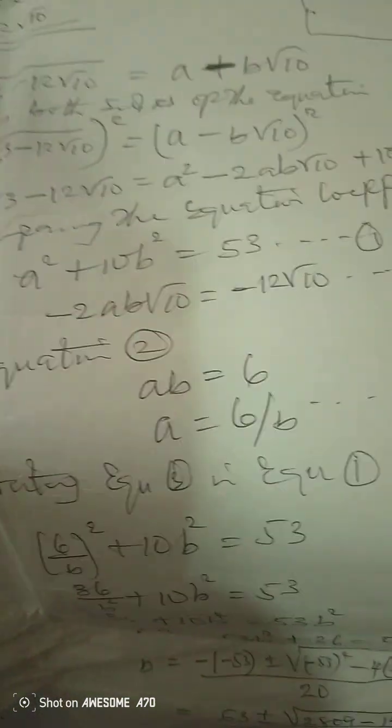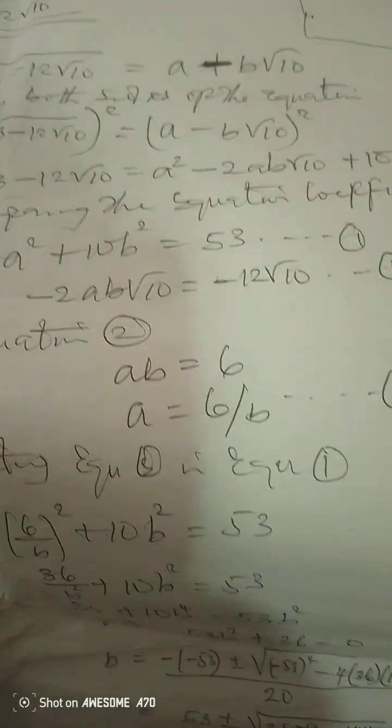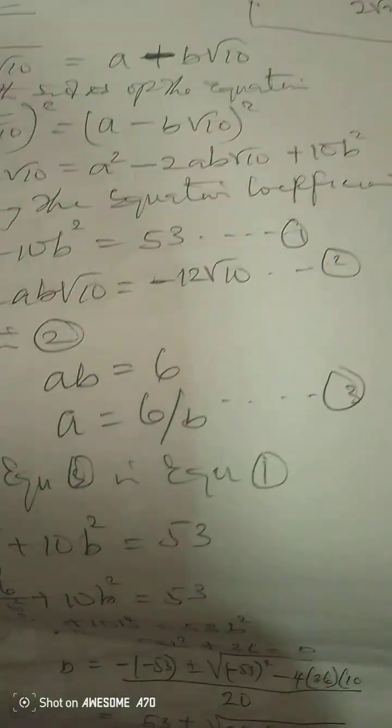Whatever we do to the left hand side, we do to the right hand side. So when we square the square root of 53 − 12√10, we have 53 − 12√10 is equal to, when we square the right hand side, a² − 2ab√10 + 10b². So we are going to compare the coefficients.